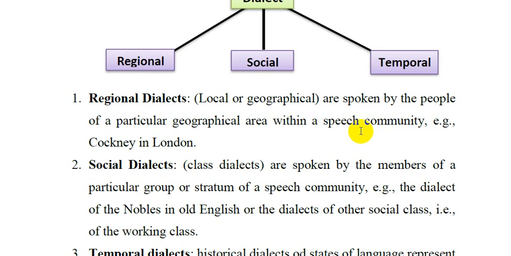For example, we have Cockney in London. By the way, Cockney in London is a dialect, with some differences. For example, in the Cockney dialect, I remember one thing, they say woa, which means water.